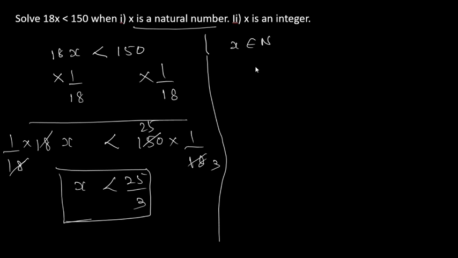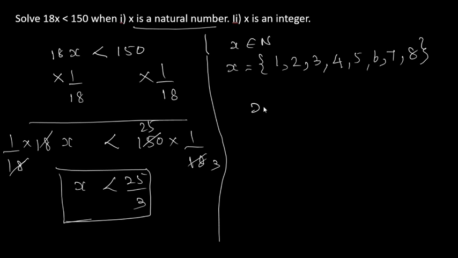So this case is true for x equal to 1, that's correct, 2, 3, 4, 5, 6, 7, 3 7s are 21, okay, then 8 it will come, and more than that it won't. So we have to stop with 8. So the solution set is up to 8.